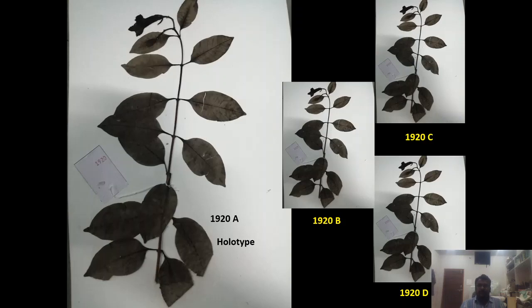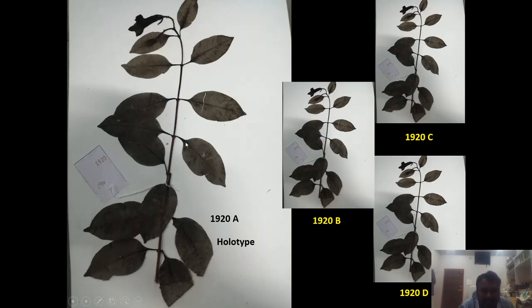Now, to take one of the best examples, this is a specimen with field number 1920. We have collected here 4 specimens with the same field number: 1920A, 1920B, 1920C and 1920D. These are one and the same. But the author used this specimen for the naming.